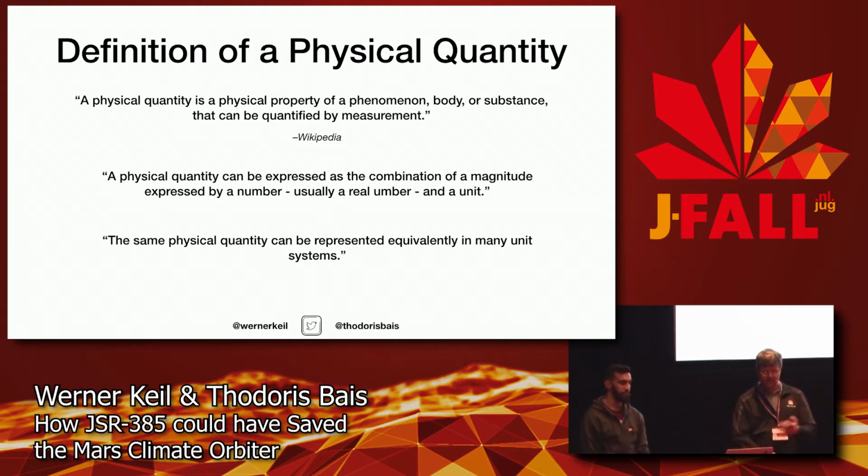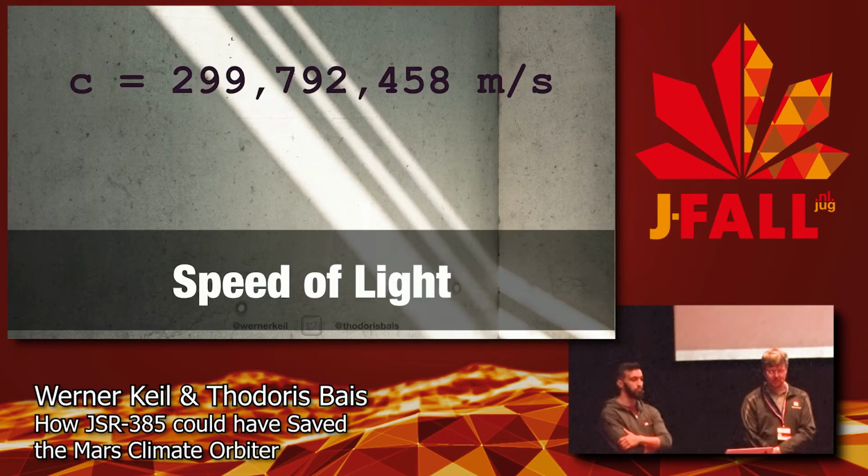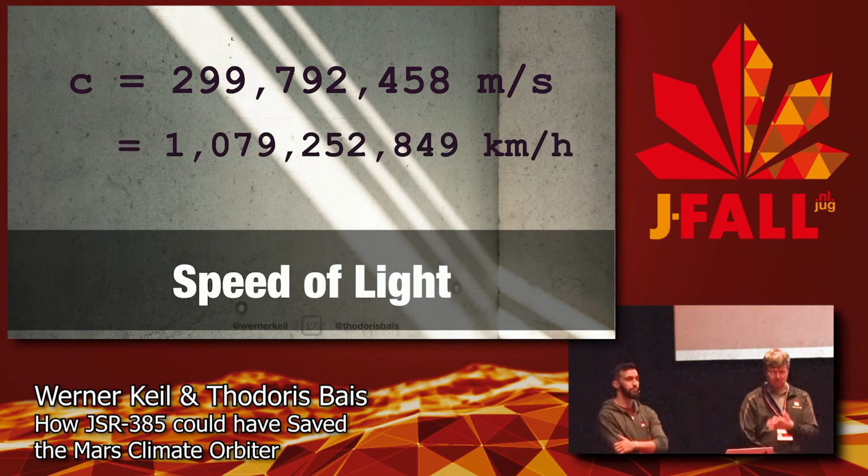And the same quantity can be interpreted in different unit systems. So for example, meter per second or kilometers per hour. Again, here's the speed of light. Or if you convert it to kilometers per hour.